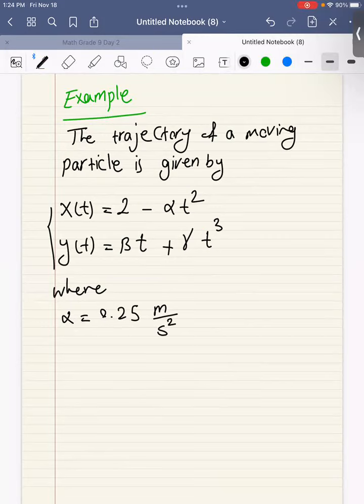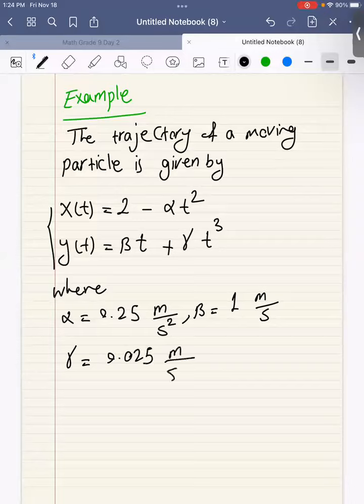And you can see why the unit of alpha is meter per second squared. And beta is 1 meter per second. And gamma is 0.025 meter per second cubed.